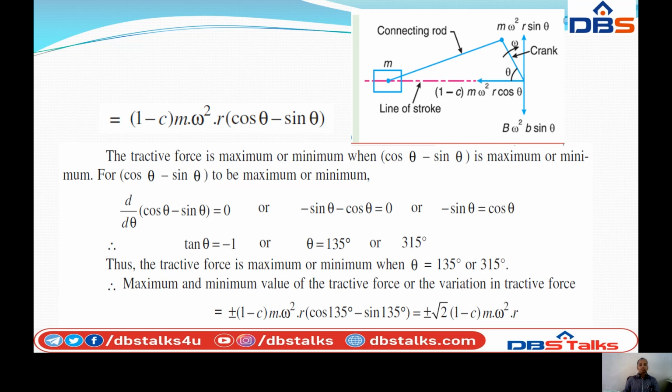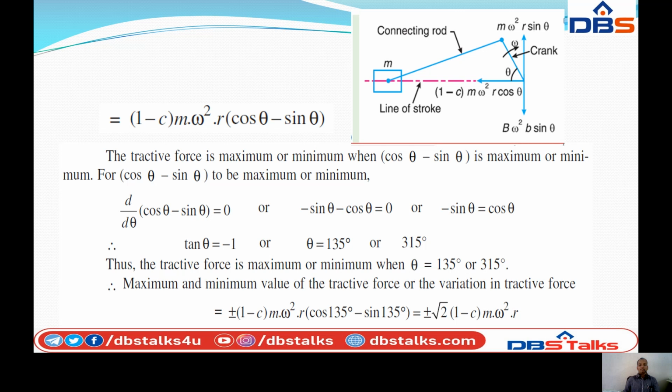Substituting this, we find the maximum and minimum values of tractive force: plus or minus (1 minus c) m omega square r into (cos 135 degrees minus sin 135 degrees). Substituting 315 we get the positive value, and theta equal to 135 gives the negative.